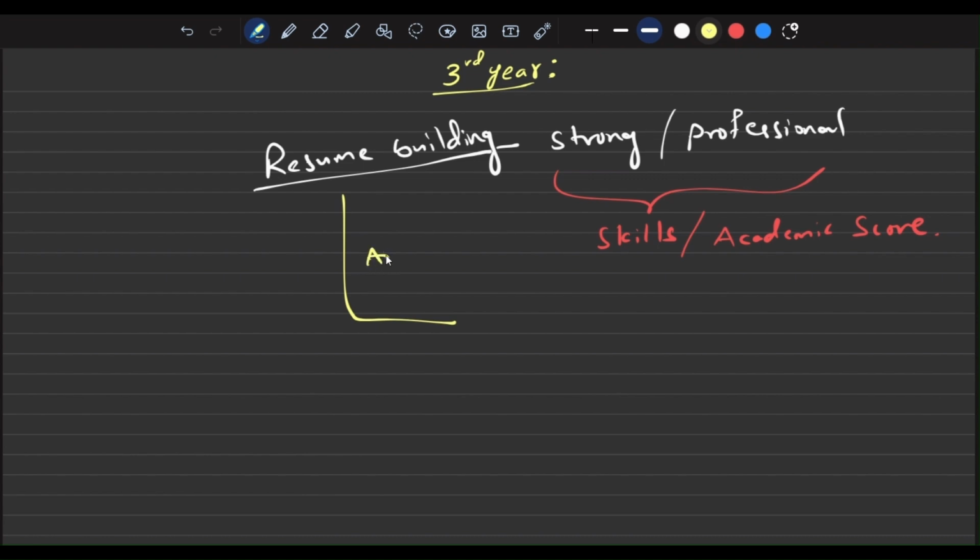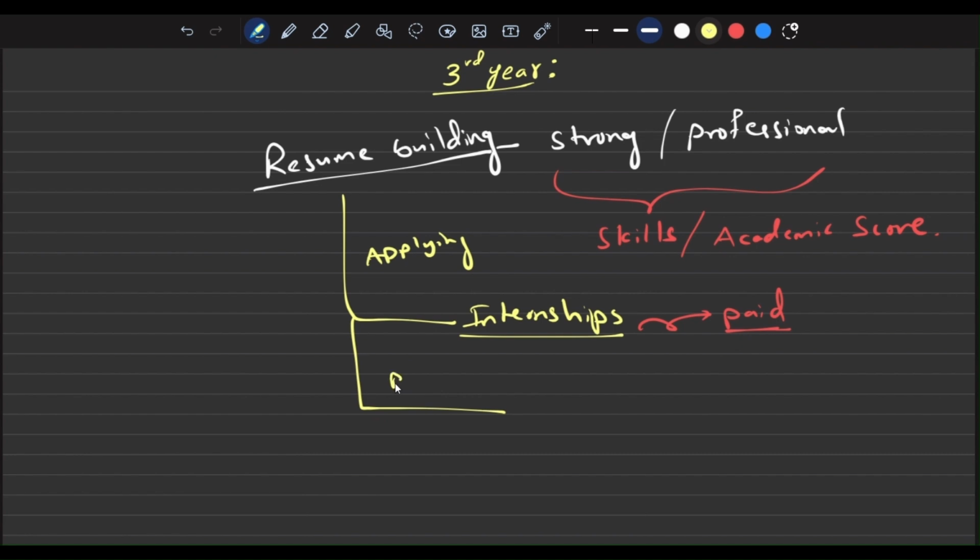Then apply for internships. It should be a paid one, so the company should pay you, you should not pay the company. And prepare for interviews to get into a good company.